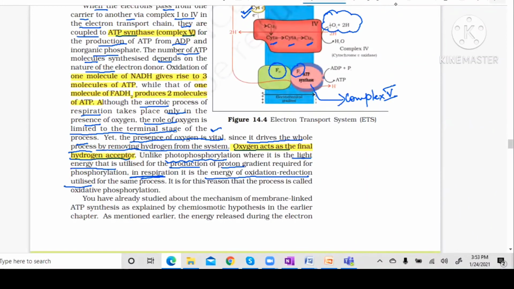This oxidation and reduction energy helps in creating the proton gradient. First we create the proton gradient and then we allow the protons to pass through the F0 F1 particle. You can check the diagram once again.